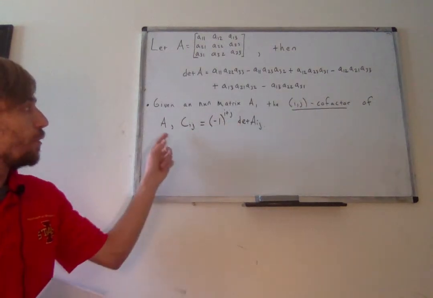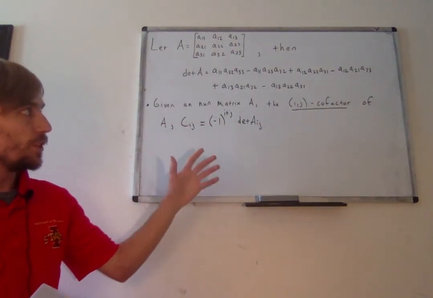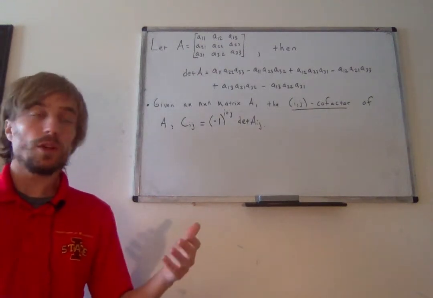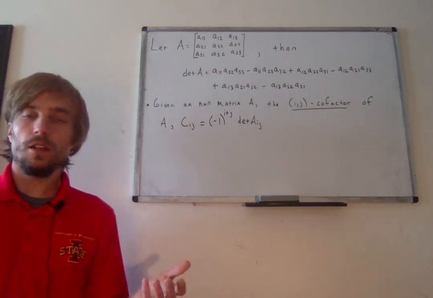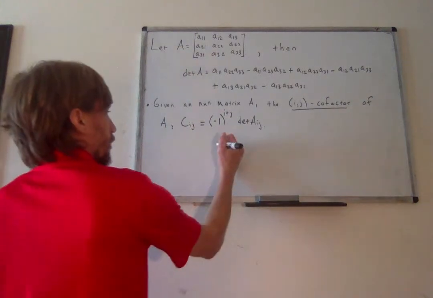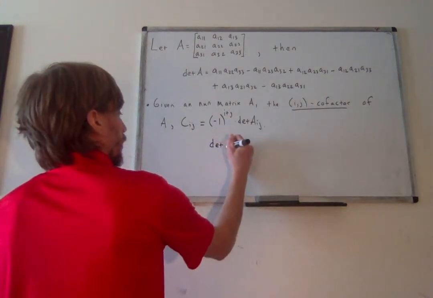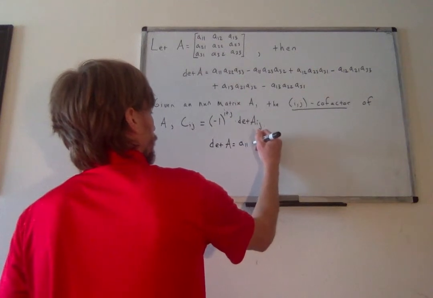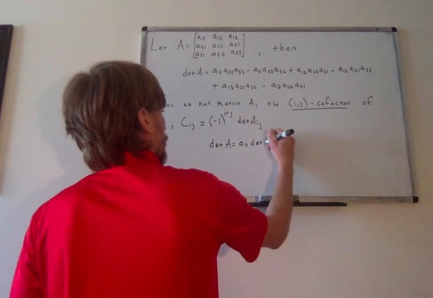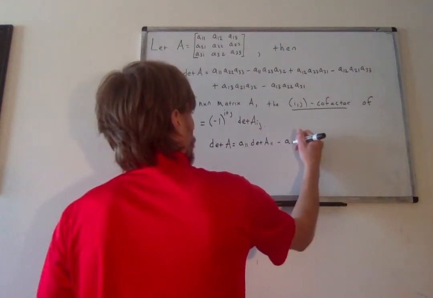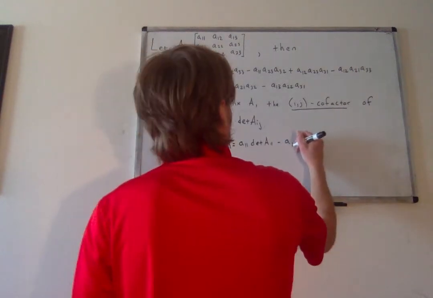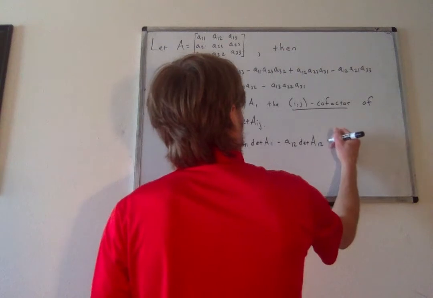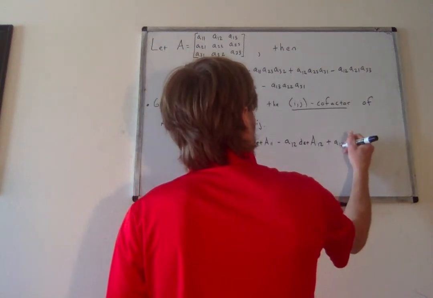So the ij cofactor of A is basically just, if you think about how we originally wrote out the determinant of a 3 by 3 matrix, right? Under the definition of determinants of 3 by 3 matrices, this was how we defined the determinant.